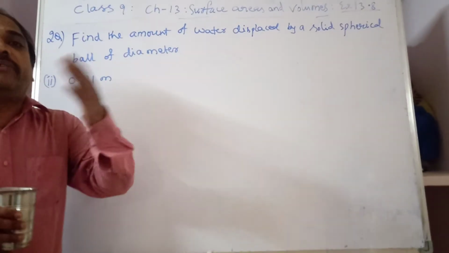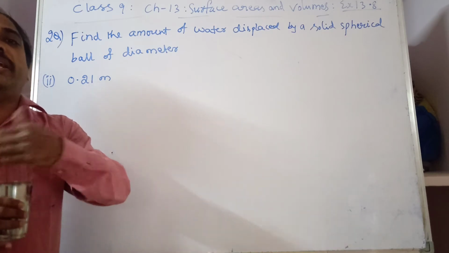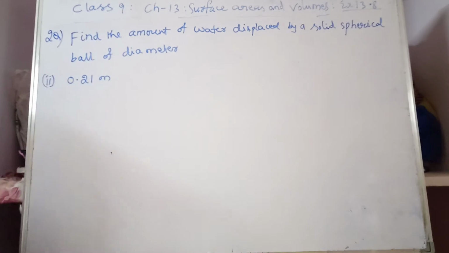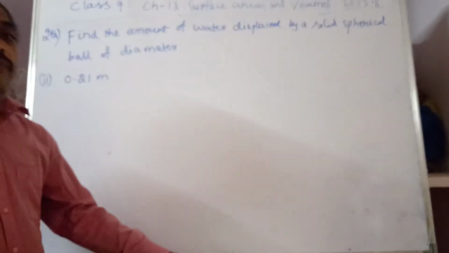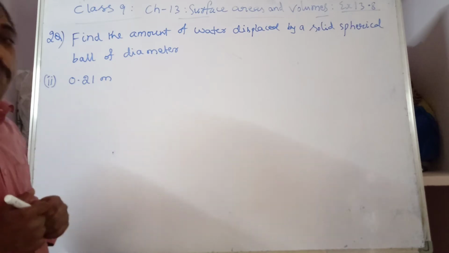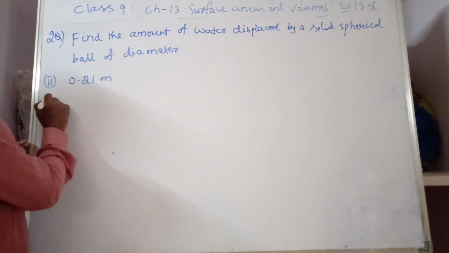How much water will overflow, how much water will come out of this glass? That is the question. So for that, what do we have to find out? We need to find the volume of the sphere.